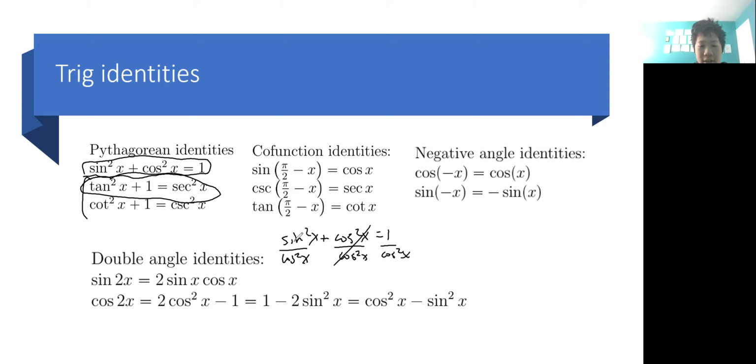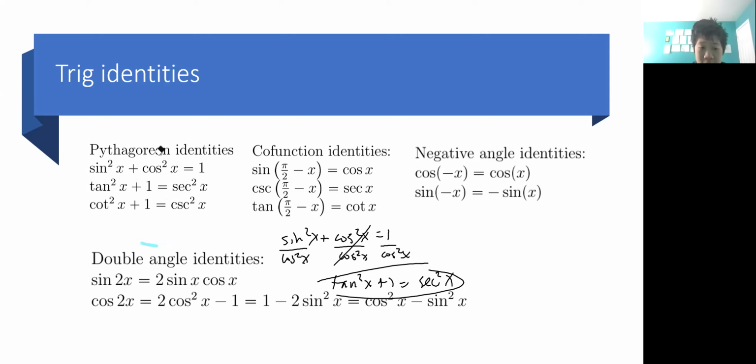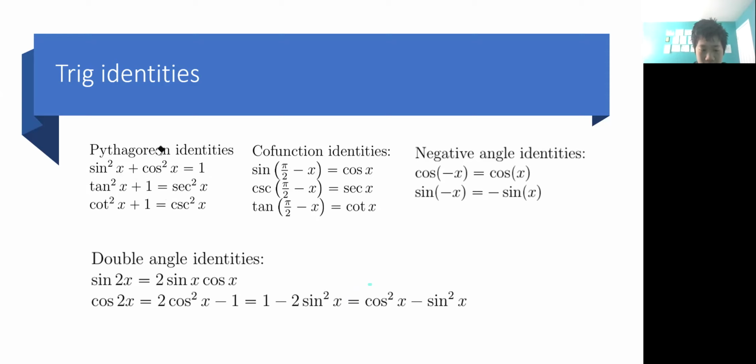This cancels out. Sine squared x over cosine squared x, that's tangent squared x, because tangent is sine over cosine, right? The next term is just a 1. And the last one is 1 over cosine squared, which we would write as secant squared. And that's just the other form that we could have. So the other two are just different forms of this Pythagorean identity. You really only need to memorize the first one.